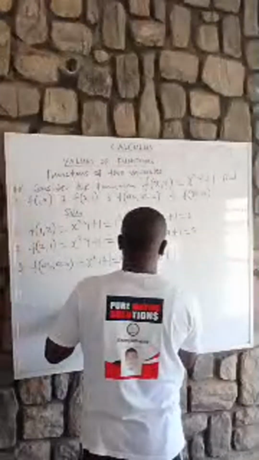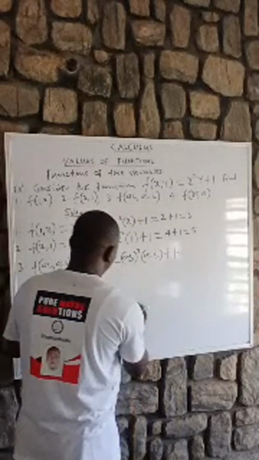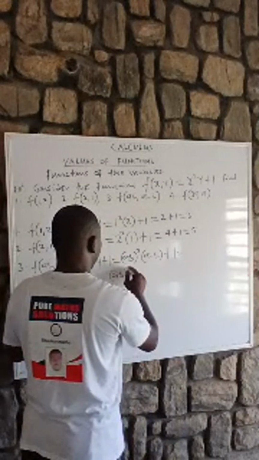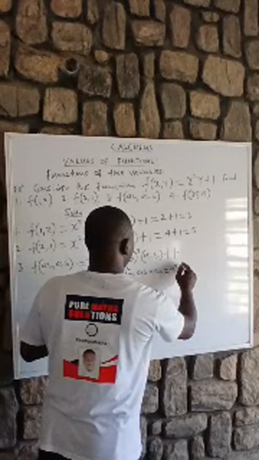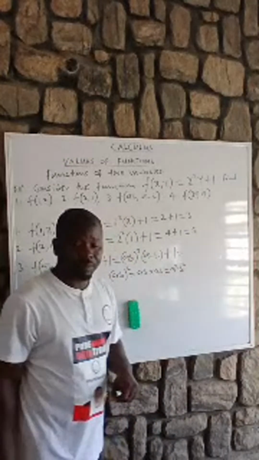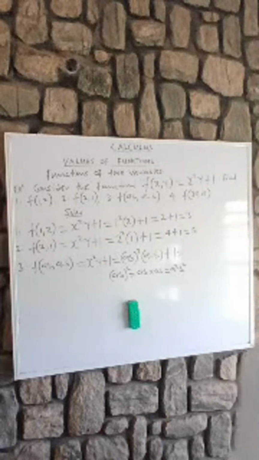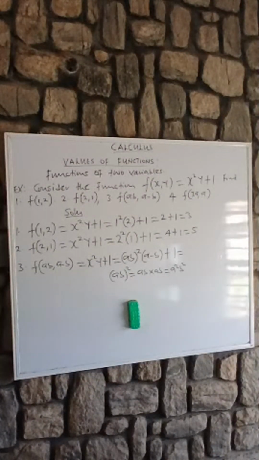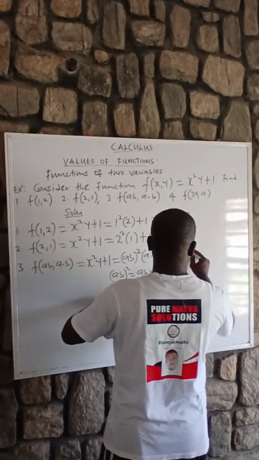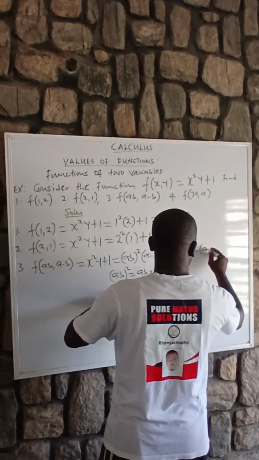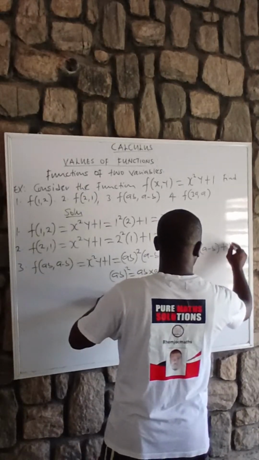When we have ab all squared, this is the same thing as ab times ab, which is equal to a squared b squared. Do you agree with me? Okay, so let's proceed. So here we have a squared b squared, open bracket, a minus b plus 1, right?